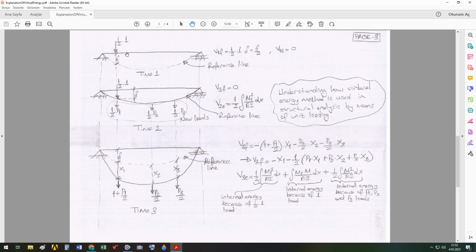And the deflection of the beam under unit load 1, which is also in the direction of x1, is delta here. And the reference line is taken as this shape, which is the equilibrium shape of the beam under 1 unit load. But I always write 1/2 times 1 here because it's the average value of 1 unit load.